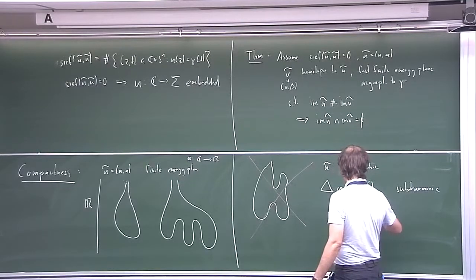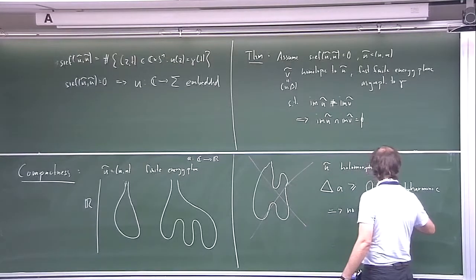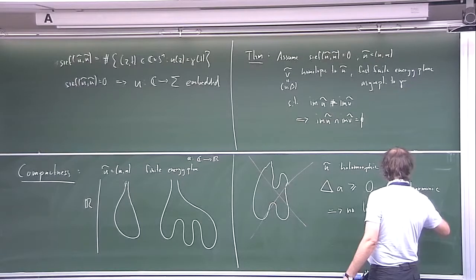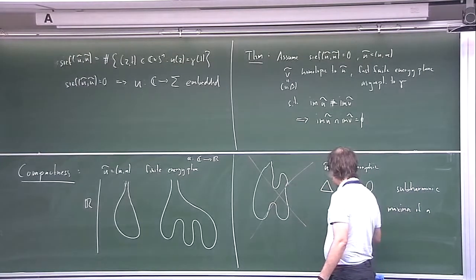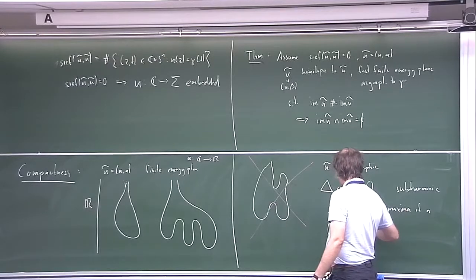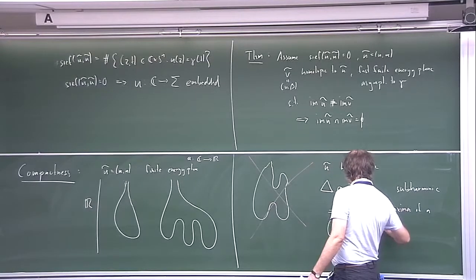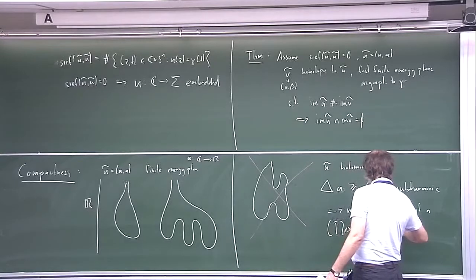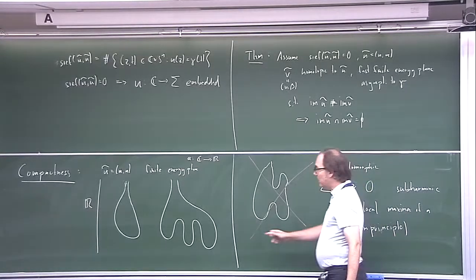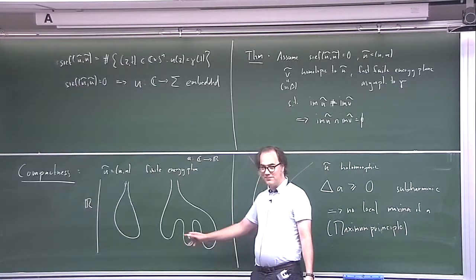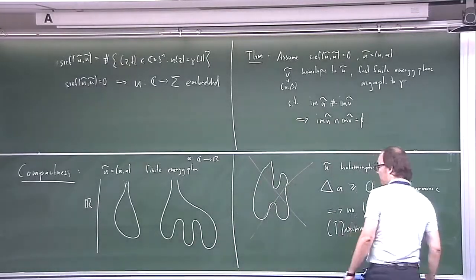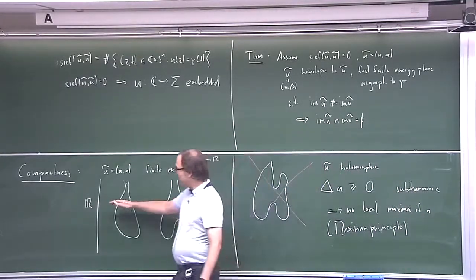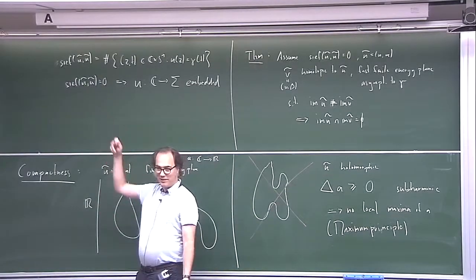That's referred to as the maximum principle. But there is no minimum principle. There can be minima, but no local maxima. And you can imagine this R has two ends, plus infinity and minus infinity.